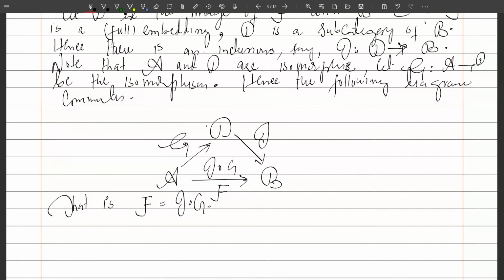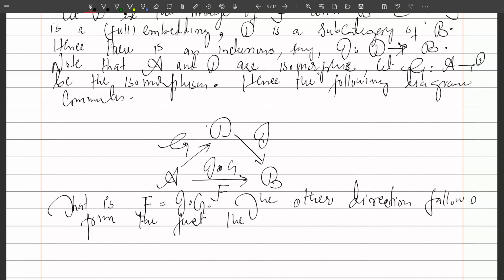Now the converse, the other direction, follows from the fact that embeddings are closed under composition.